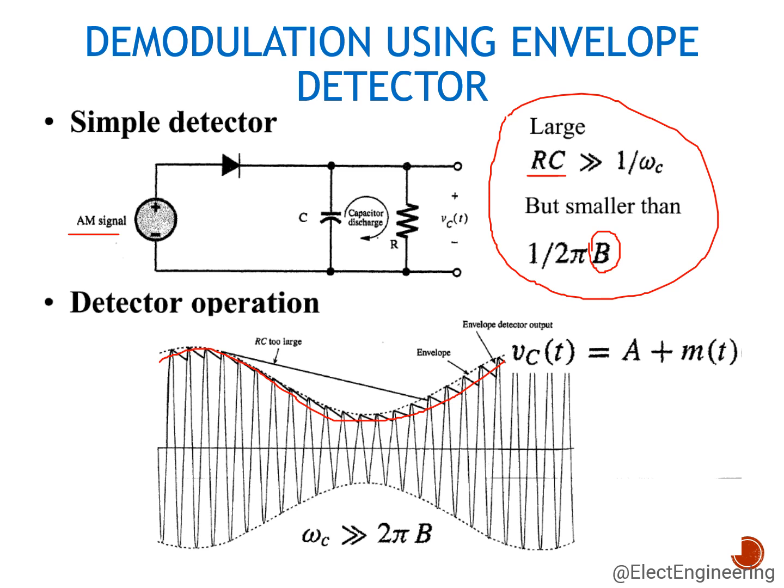That's why we have this frequency omega c in this relation, but it should be smaller than 1 over 2 pi b, so that it can at least detect the less quick variations of m(t), the message signal. So this is the reason we have this relation over here.